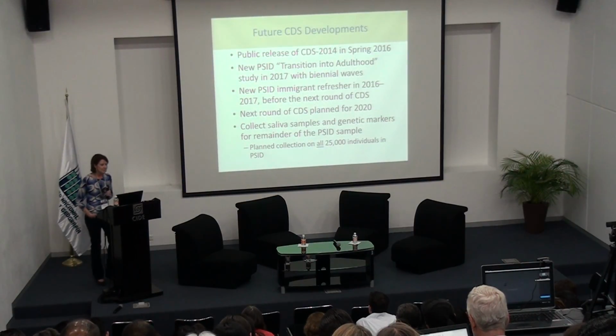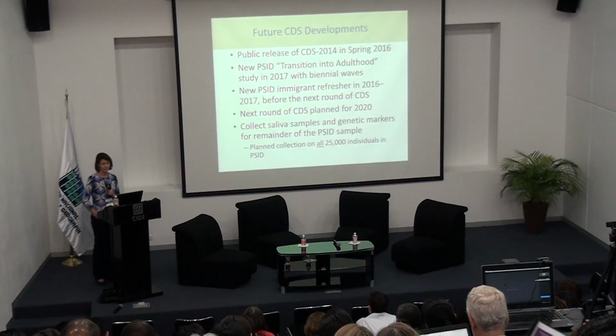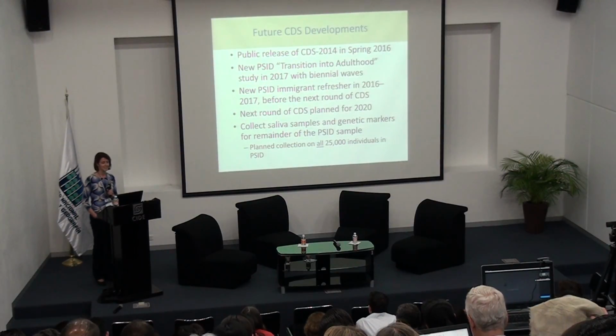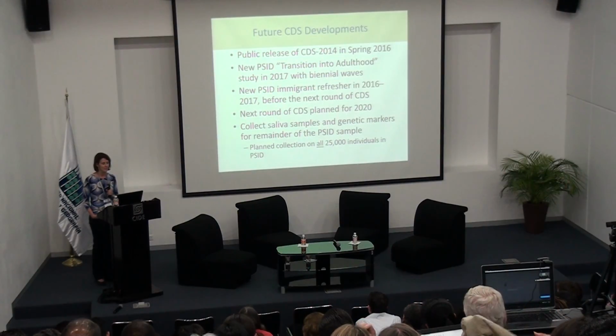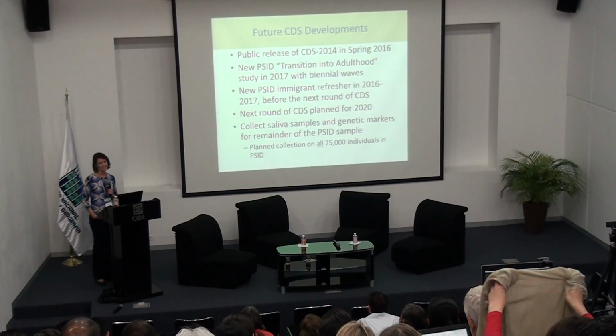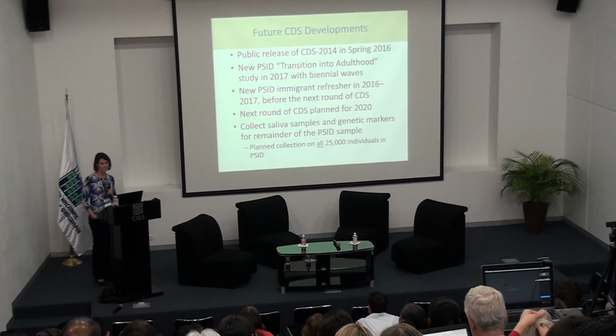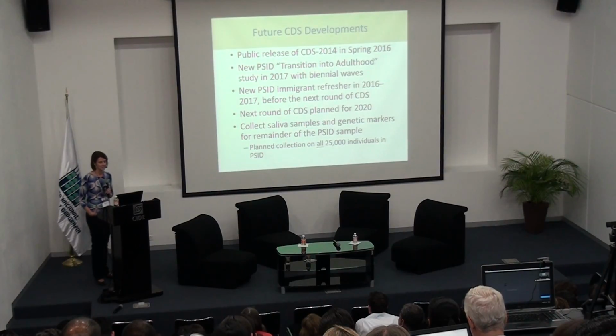So the future developments for CDS include first and foremost that we'll be releasing these data next spring. We've also received support to launch a new transition into adulthood study for these children, so we can follow them as they enter adulthood. As I mentioned, there will be an immigrant refresher in 2016 and 2017, which is particularly important for studies with children because that's where problems with representativeness become most evident in the youngest segment of the population.